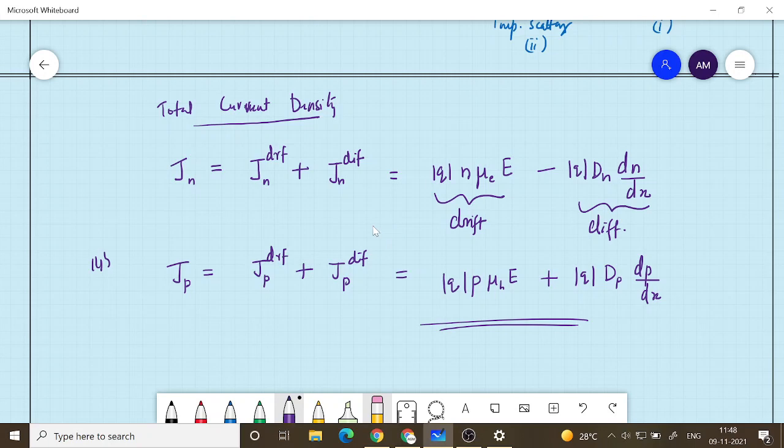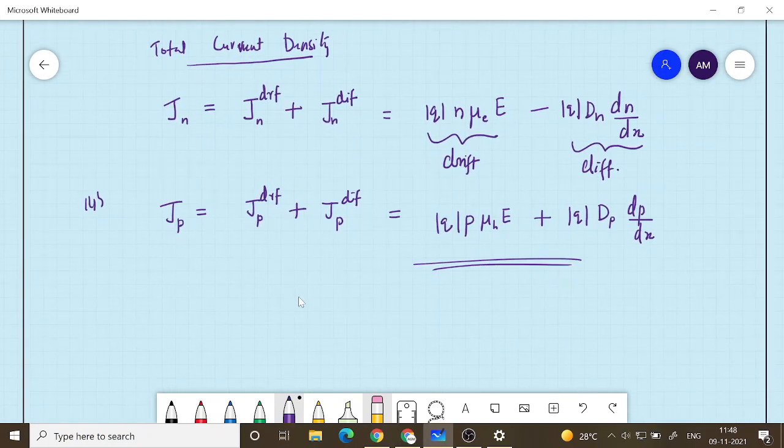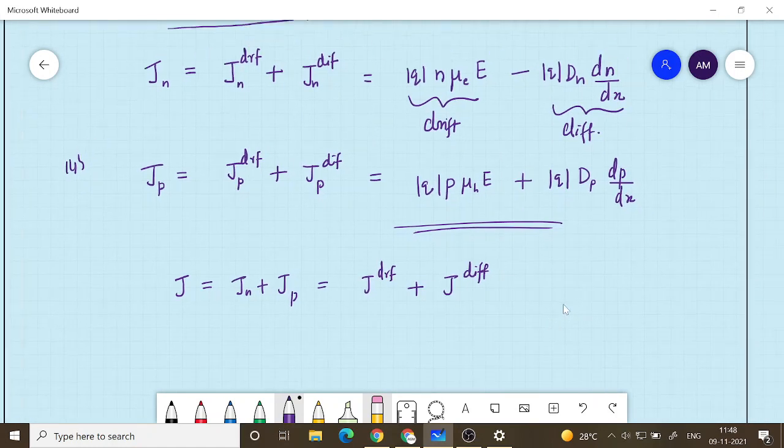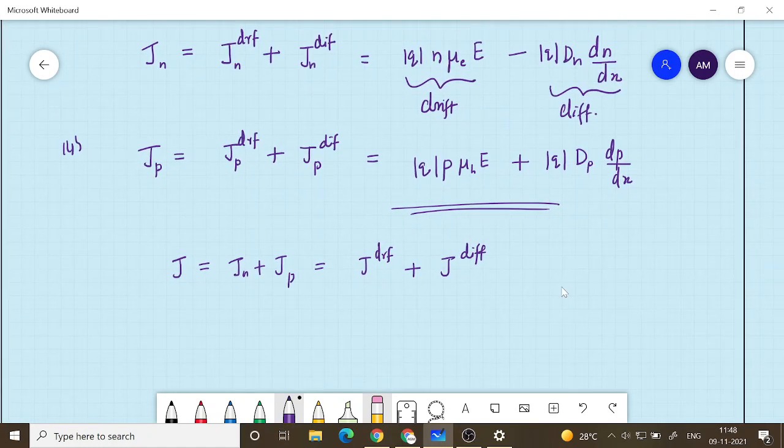Okay, and the total current is the sum of these two. So therefore J is Jn plus Jp, or you can also write it as J drift plus J diffusion. Okay, so there are 4 components of current, and you add all the 4 components into the total current.